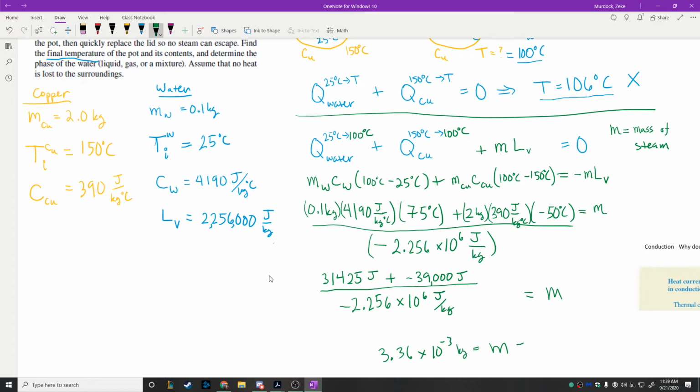Kilograms. This would be about 3.36 grams of water vapor or steam, which leaves us with the mass of the water that's left over being equal to 0.1 kg minus that.